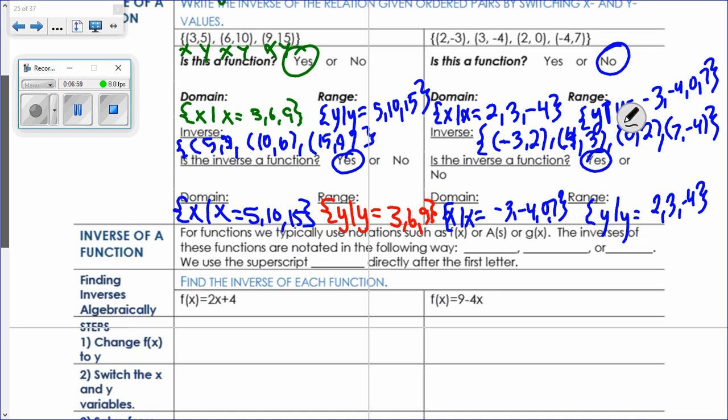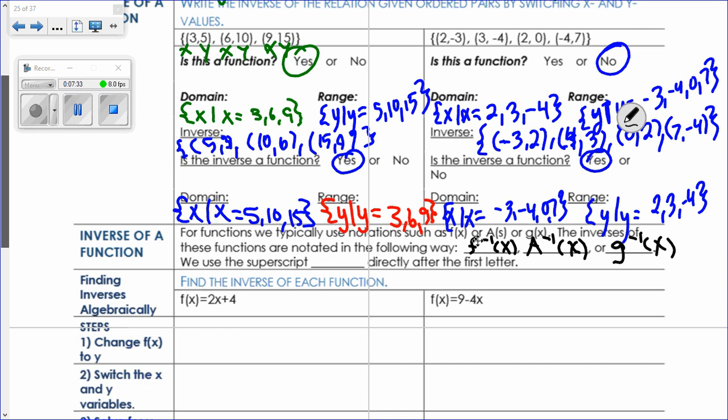So for functions, we typically use notations such as f of x or a of s or g of x. This is pretty important stuff right here. If I wanted to notate the inverse, you use a -1 superscript: f to the -1 of x, a to the -1 of x, g to the -1 of x.